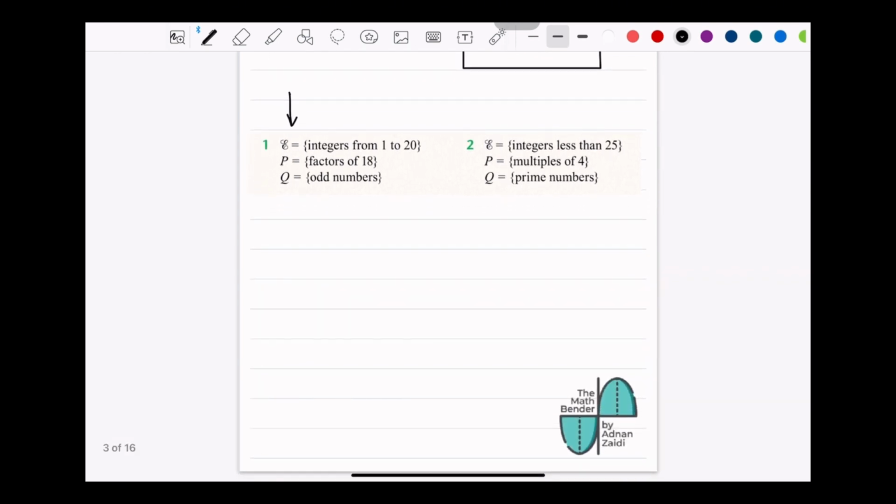So let's see how we can look for these. In this question, the universal set has been defined as numbers from 1 to 20. Let me write down all the elements of this set: 1, 2, 3, 4, every number till 20. I don't have to write down all the numbers, I just place dots, meaning that the continuation is in this same pattern till 20.